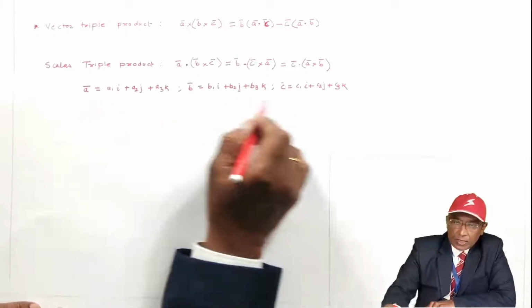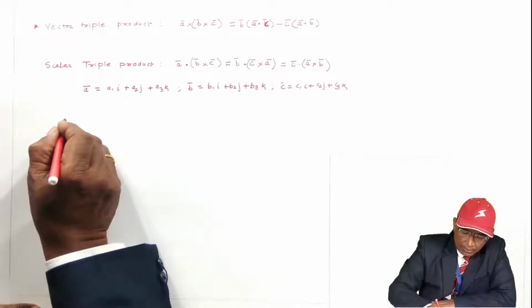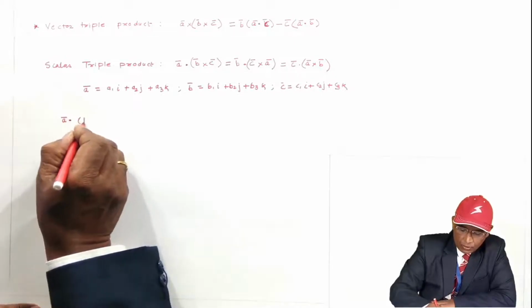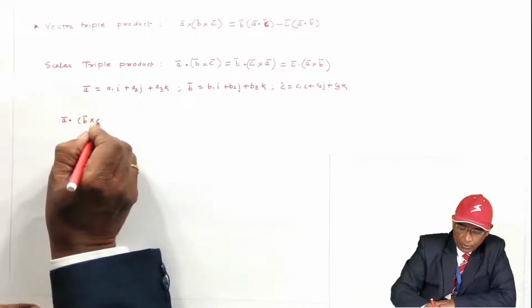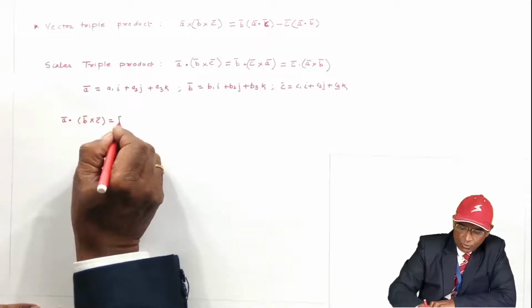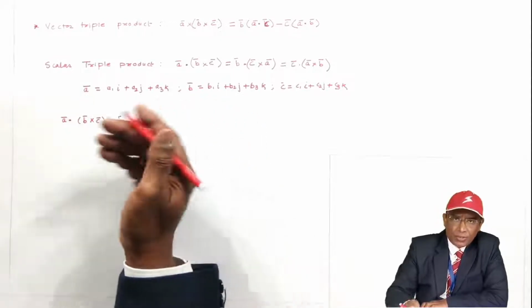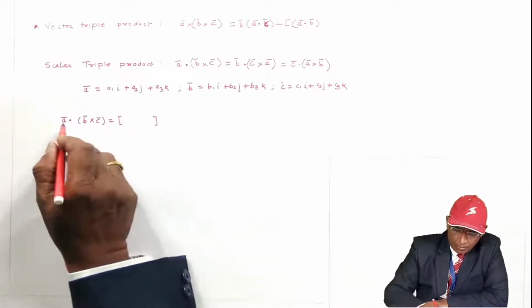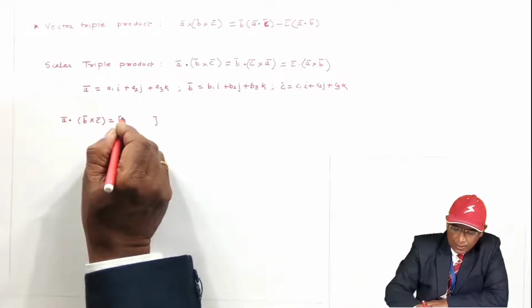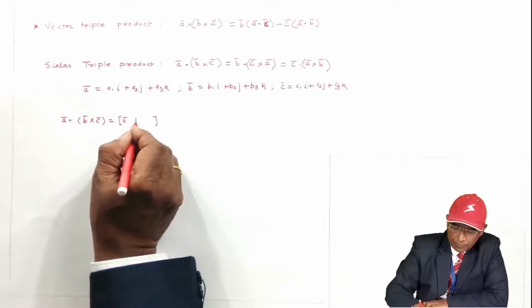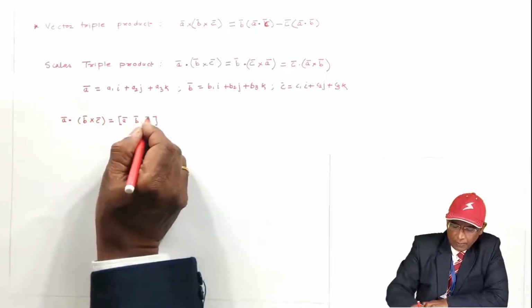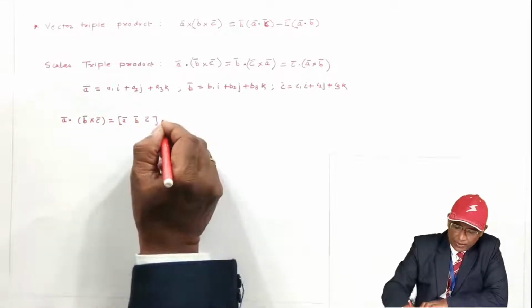Then a bar dot b bar cross c bar is scalar triple product. This can be written in this way also, the box product. This is a fashion of writing only. You are free to use anything. Means a bar space b bar space c bar. Scalar triple product of three vectors.